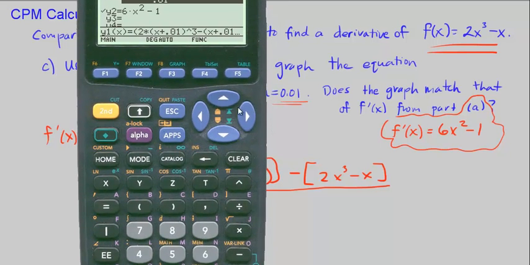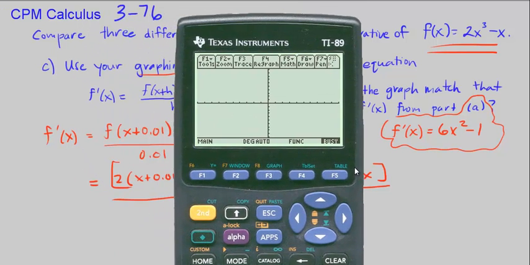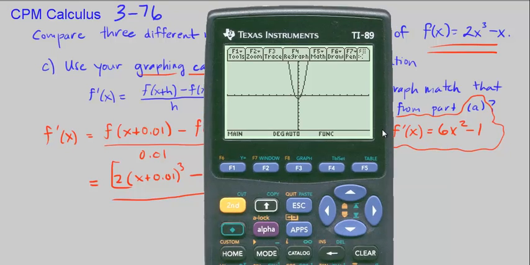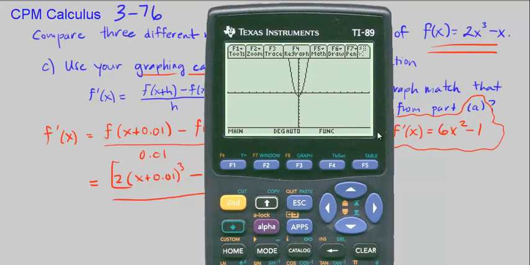Okay, so let me go fix that in my function. Maybe you didn't make this mistake, so you're like, oh, what's going on, right? Now it's looking like it should, okay? In fact, we don't see anything different because they're on top of each other, right?